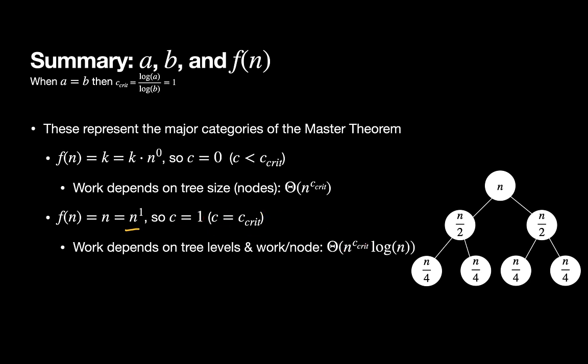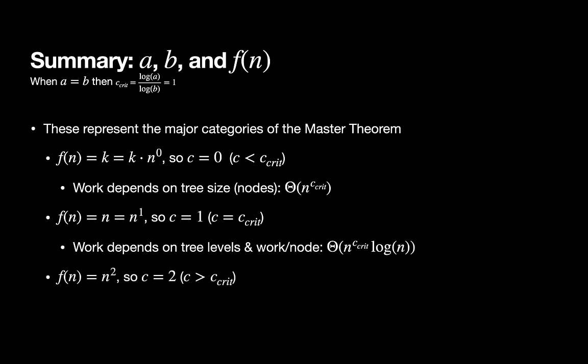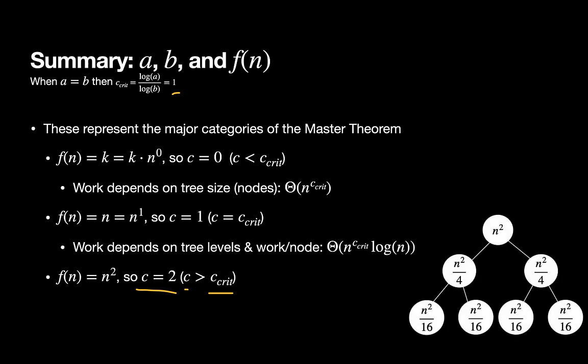Okay, so let's move on and look at kind of our third case. So our third case is when f of n was n squared, so our c is 2, and that happens to be bigger than the critical factor here. So this was kind of the third case of the Master Theorem. And in this case, if you remember, our topmost node is really kind of what dominated the work.